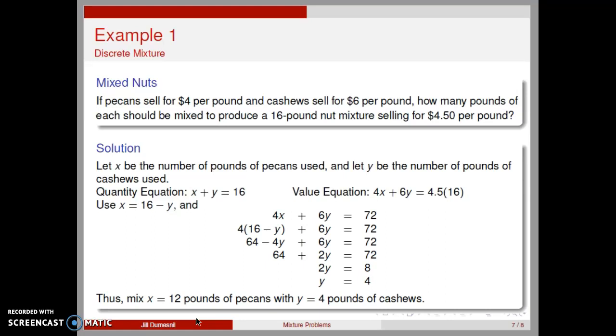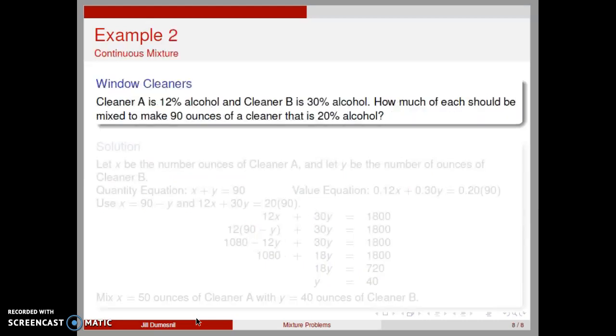Let's also consider a continuous mixture problem in which we want to mix cleaner A with a 12% alcohol content and cleaner B with 30% alcohol content to produce 90 ounces of a cleaner that is 20% alcohol.